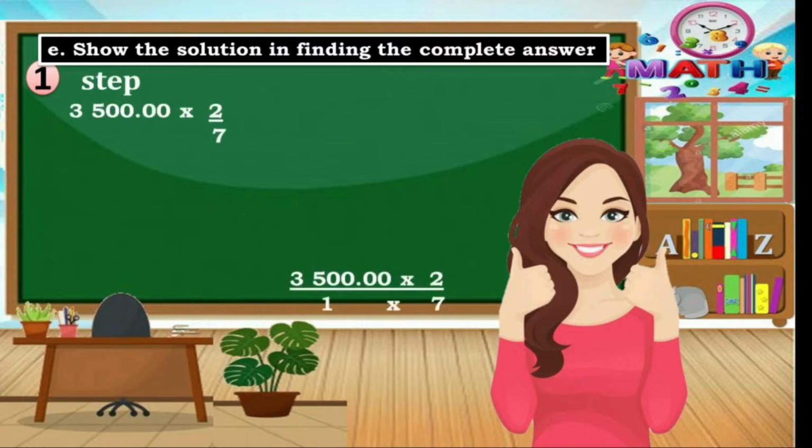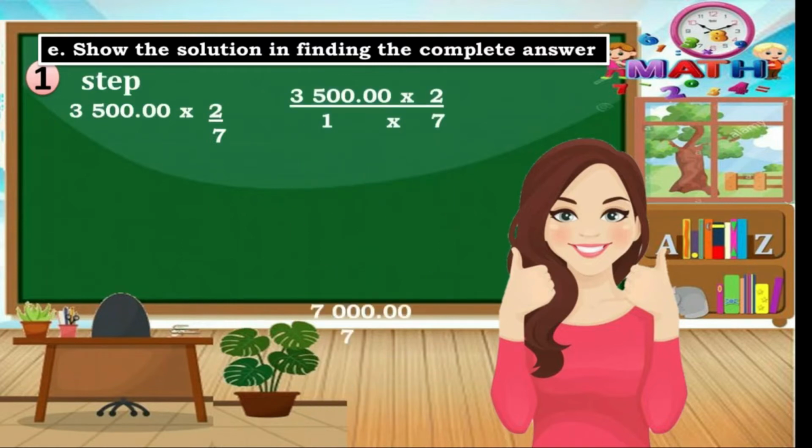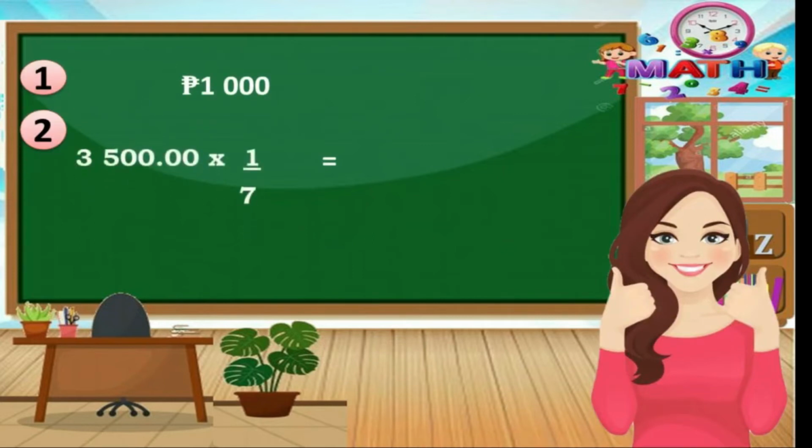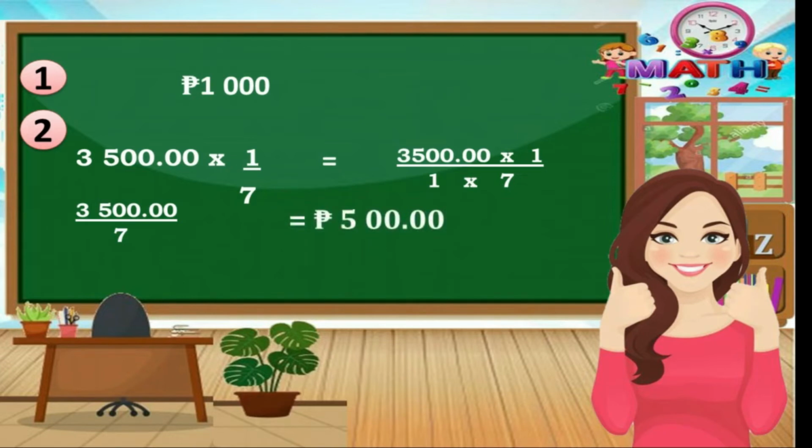Step number 1, 3,500 pesos multiplied by 2/7, okay, equals 7,000. Divide 7 equals 1,000. For step number 2, 3,500 multiplied by 1/7, the vegetables and other ingredients equals 3,500 divide 7 equals 500.